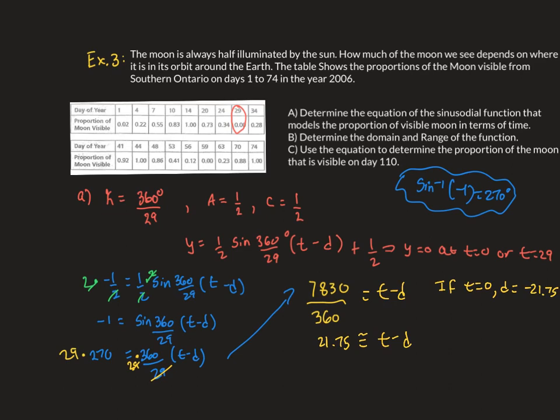So let's put that into our equation. Therefore, y is equal to 1/2 sine 360 over 29 (t minus minus, so that means plus 21.75) plus 1/2. Now, what if t was 29?